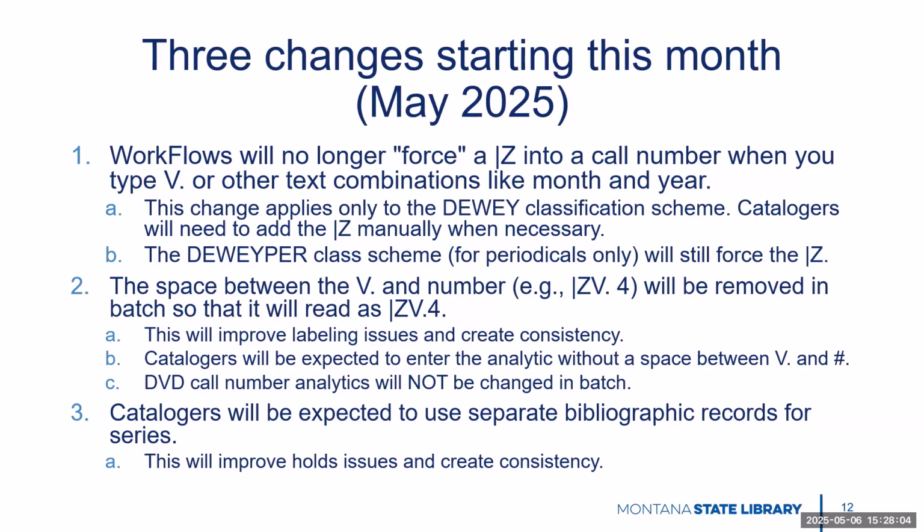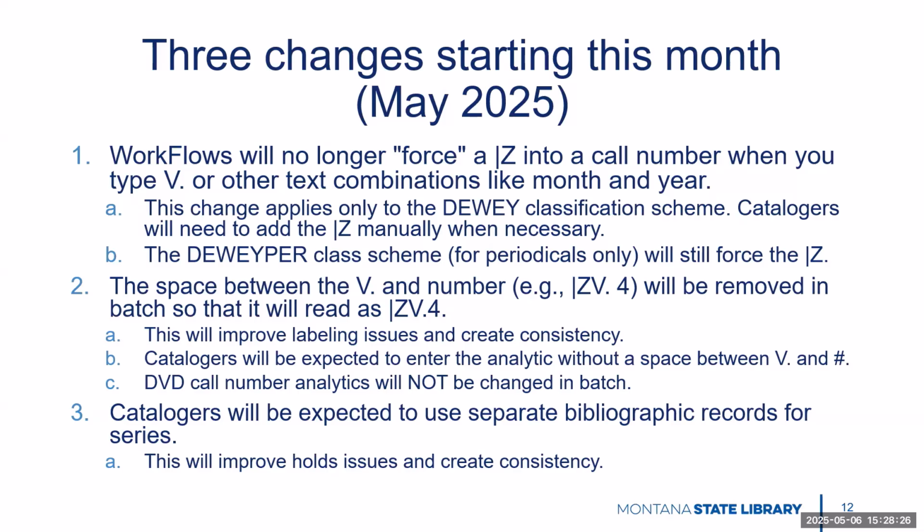Secondly, the space between the V period and whatever number follows it will be removed in batch so that it will read as bar Z, V period, and then whatever the number. No extra spaces in there. This is meant to improve labeling issues and create consistency.